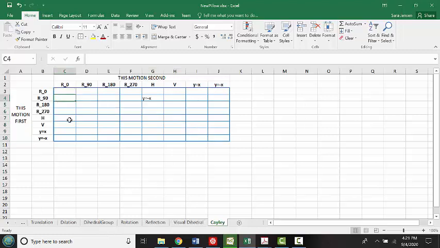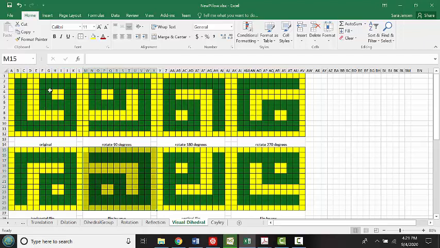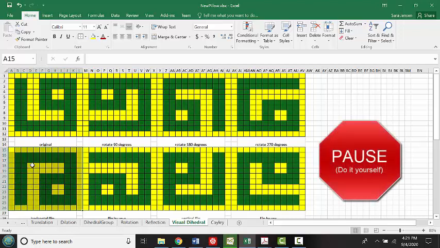We filled in what happens if I first rotate by 90 degrees and second do a horizontal flip. Let's go back over here and say what happens if I first do a horizontal flip and then take this shape and rotate it by 90 degrees counterclockwise.